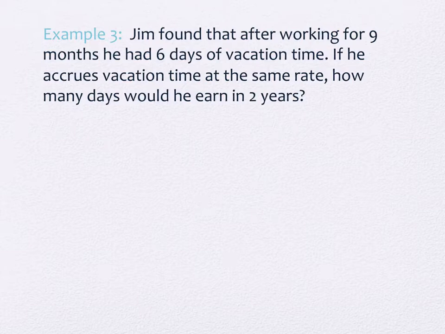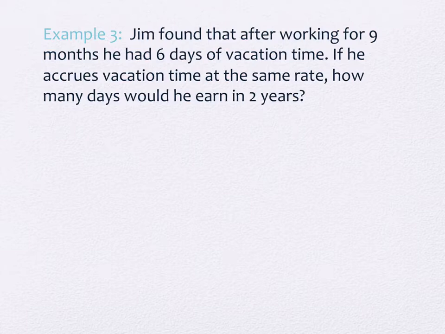Jim found out that after working for 9 months, he had 6 days of vacation time. If he accrues vacation time at the same rate, right, same amount of hours every time he does his working and so forth, how many days would he earn in 2 years? So what are the things that he's comparing here? Somebody give me one.